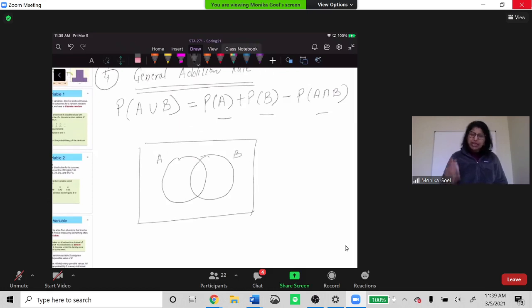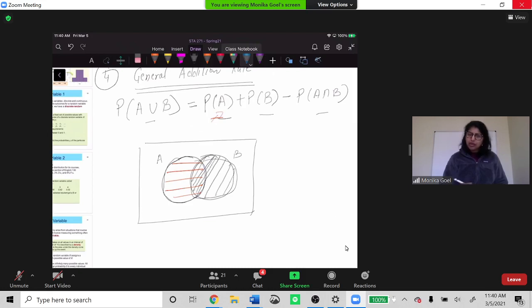When I'm saying A union B, I'm talking about this and this, the union of both A and B. The probability of A union B includes the probability of A, which is this whole thing, so I wrote it here. Then the probability of B is this part.